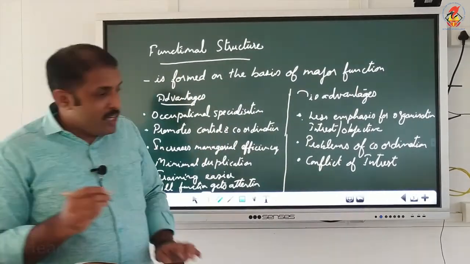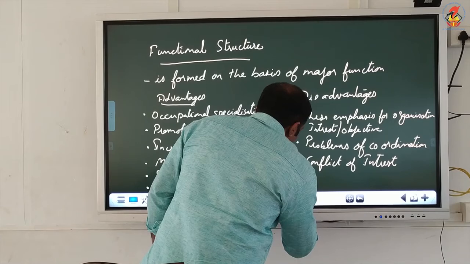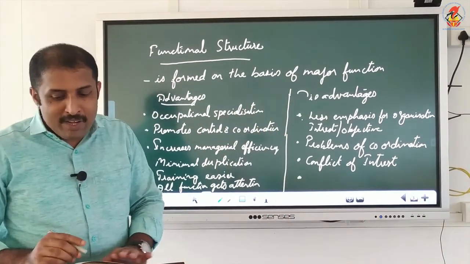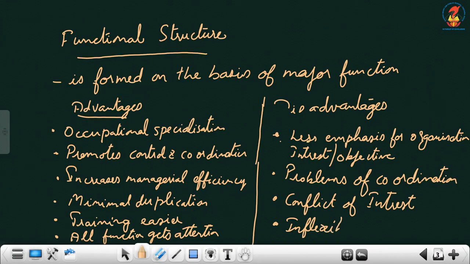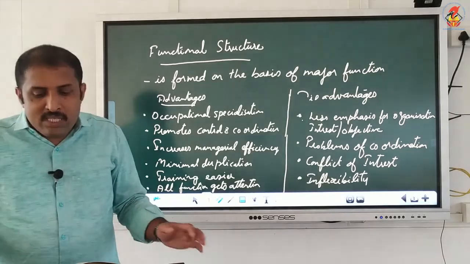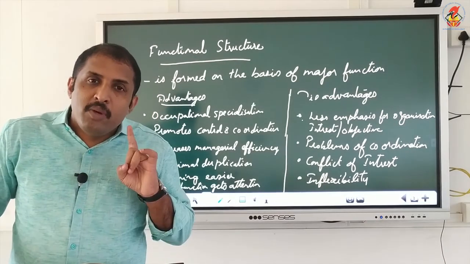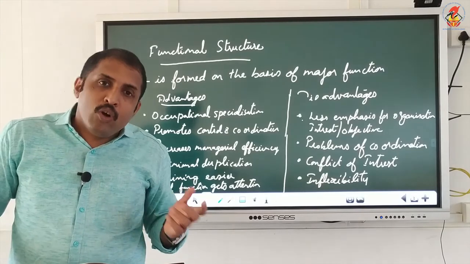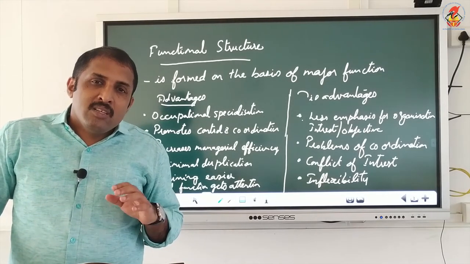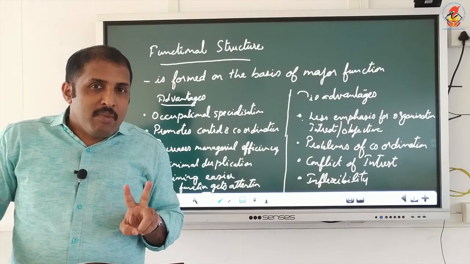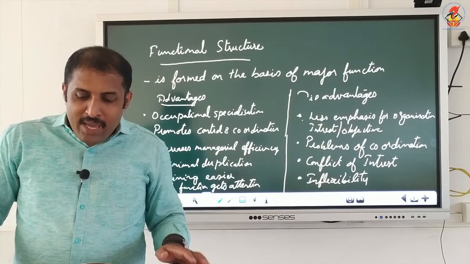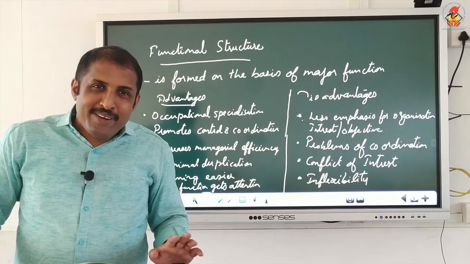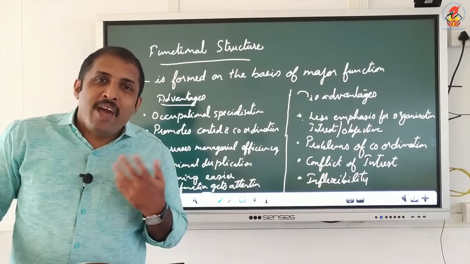And the fourth one is a kind of inflexibility. Inflexibility because people of similar skills will be there in the department, and two people having the same skill, the same understanding, may not be able to accept each other, and may be in a repelling condition rather than appreciating.